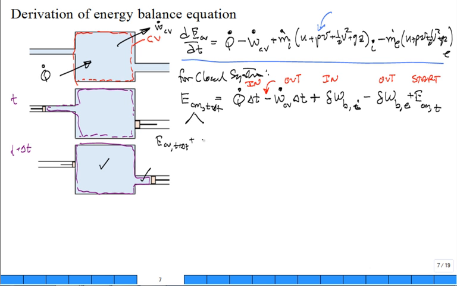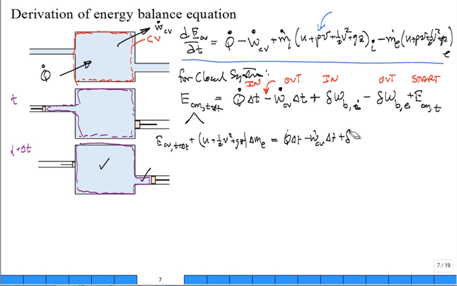Well, what is the energy associated with the mass that went out? u plus 1/2 V squared plus gz, all of that times the amount of mass that exited. Okay, then we're going to have the Q dot delta t minus W dot CV delta t plus delta W.